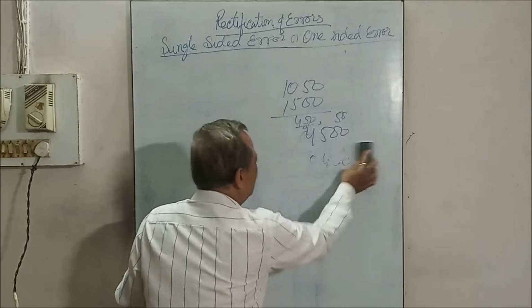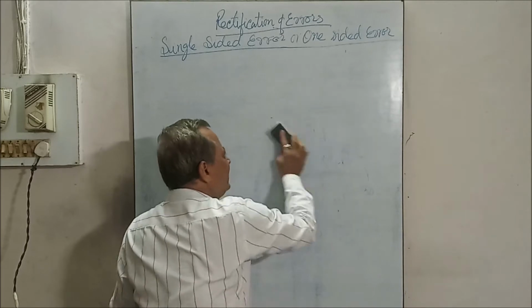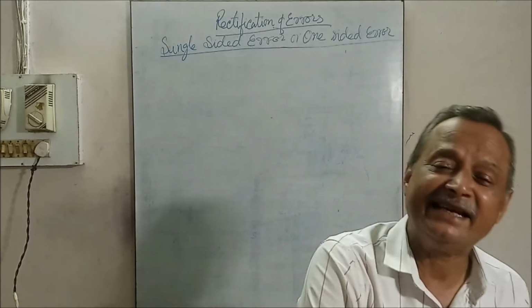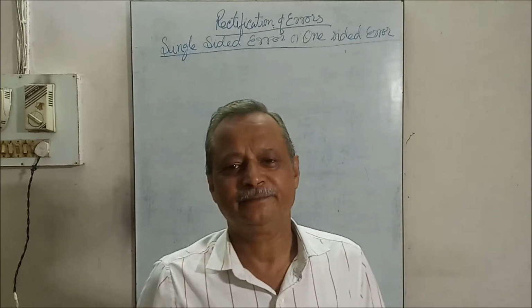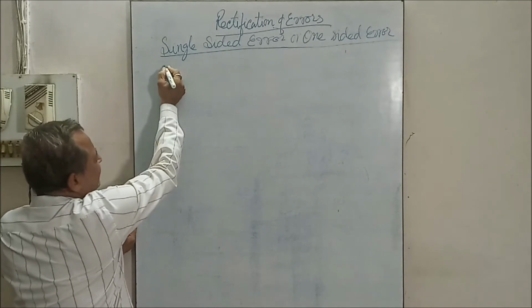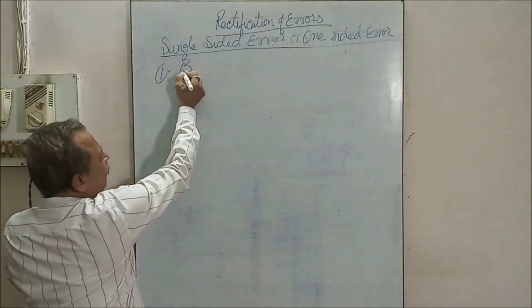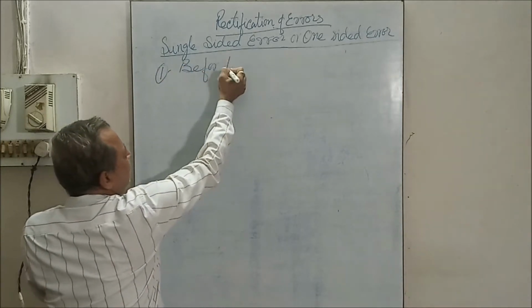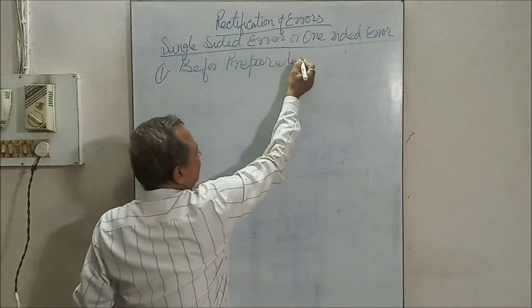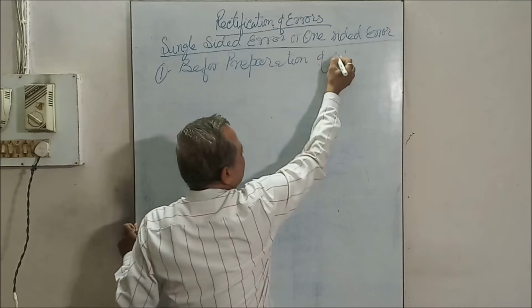Now, in order to rectify the single-sided error, we have to check the stages of detection of errors. There are 3 stages. First stage, before preparation of trial balance.